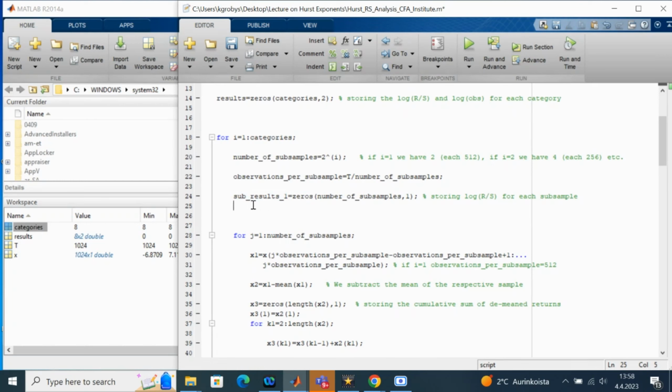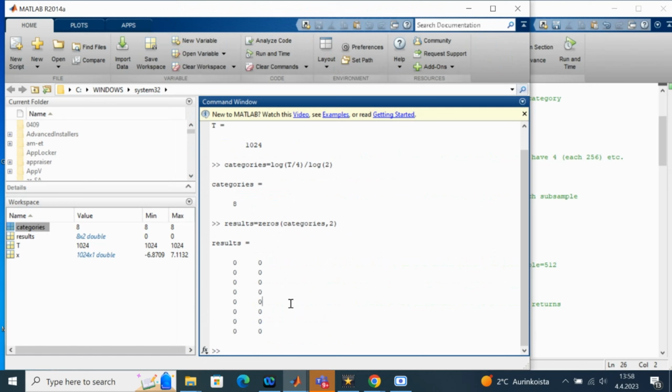In the first iteration, when i is 1, we operate with 2 clusters, right? Each has the size of 512 observations. So when i is 1, this obviously must be a 2 by 1 vector.